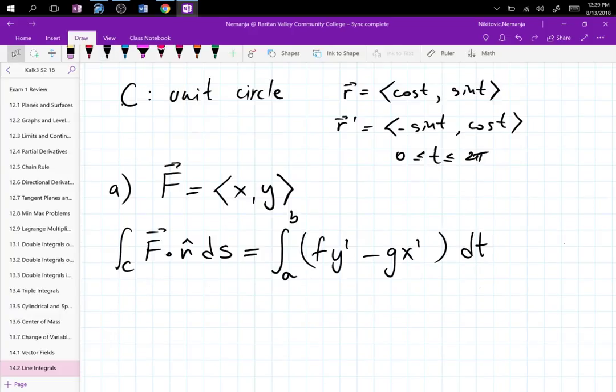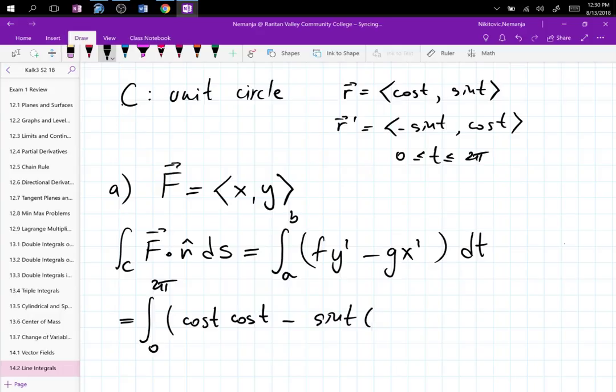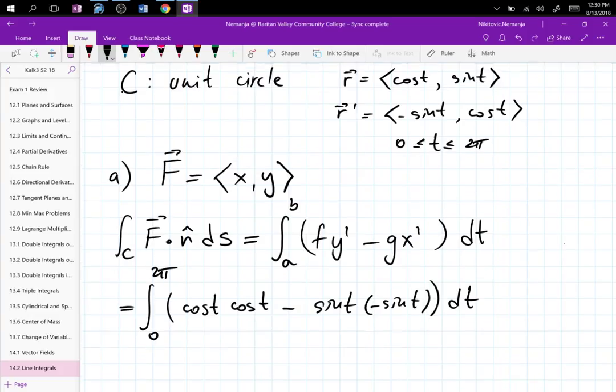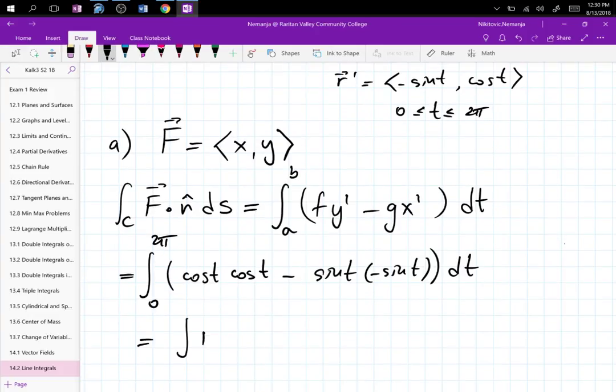We just chase these things around. 0 to 2 pi. F is given as x, x is cosine t. Y prime is given as cosine t. Minus g is given as y, which is sine t, times negative sine t dt, which is equal to the integral of 1 dt, which is 2 pi. So flux of the radial field is 2 pi.